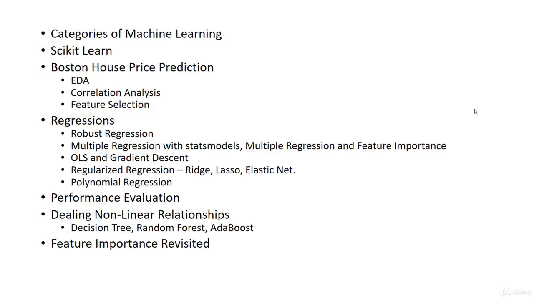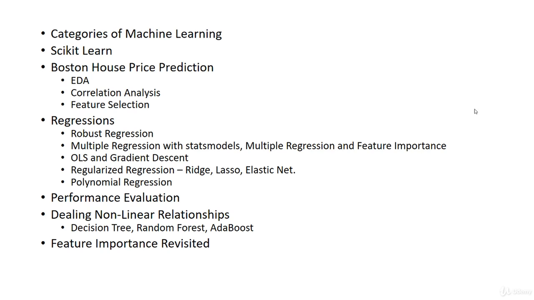In this section, what we're going to look at is, first of all, the different categories of machine learning. We're going to talk about the different types and how to actually make use of them and to solve what problem. I'm going to introduce to you the scikit-learn library for Python. This is the library that we will use predominantly to solve all of the real-world challenges that we're faced with.